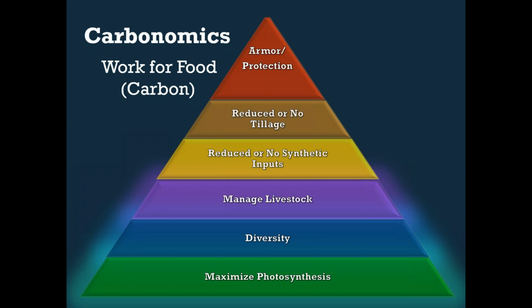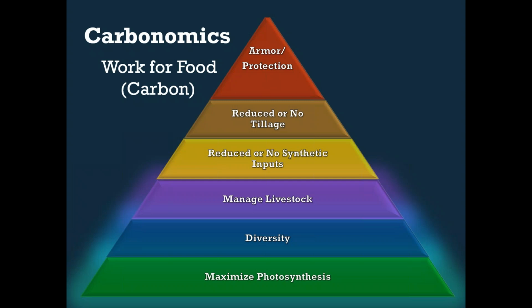We've replaced food in our societies with colored green paper and coins, but the reality is we've always bartered for food. We've always worked for food because food is foundational to what we need as living organisms.